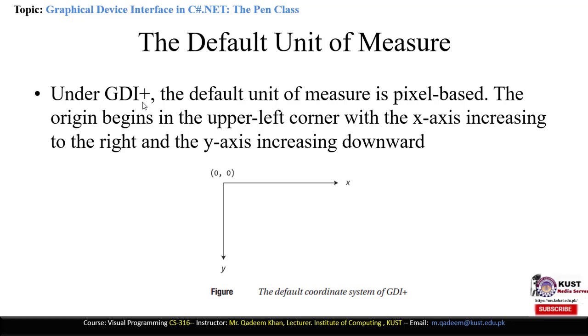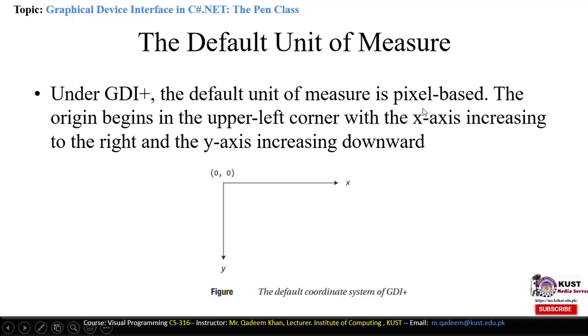So here the default unit is based on pixels. Pixels means the number of points that is supported through the x-axis and also towards the y-axis as well. Basically, the pixels represent the tiny dots that are printed on the screen.